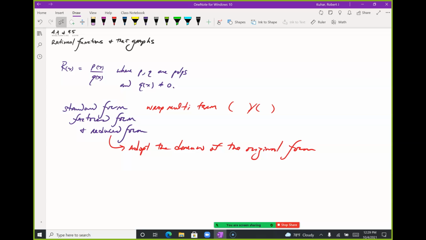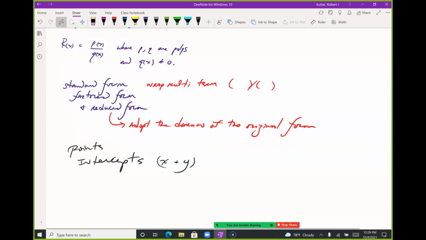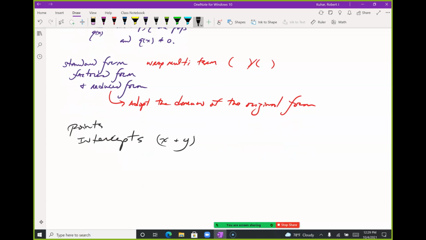Okay. We're going to look at points on here, of course, intercepts, x and y if they exist, right? We'd want to look at asymptotes.